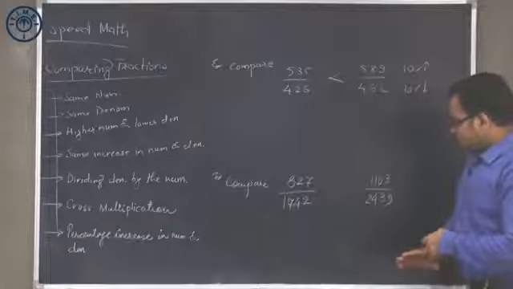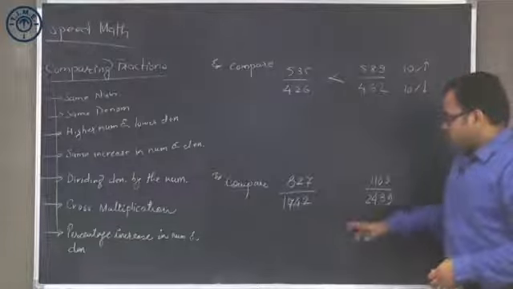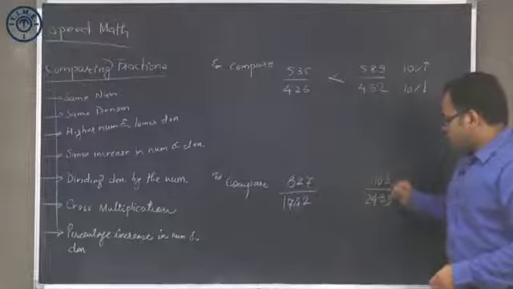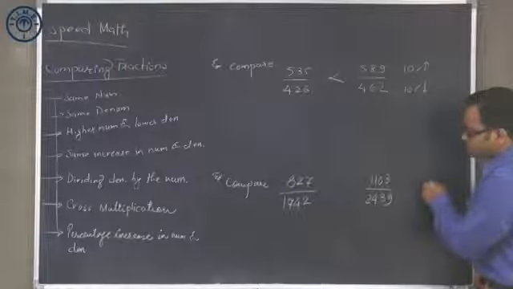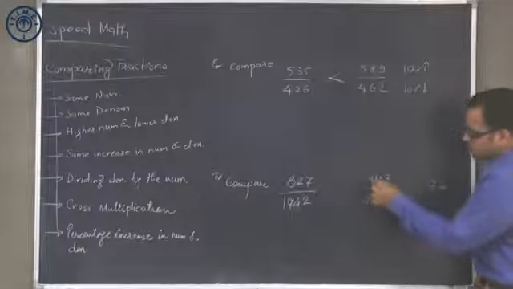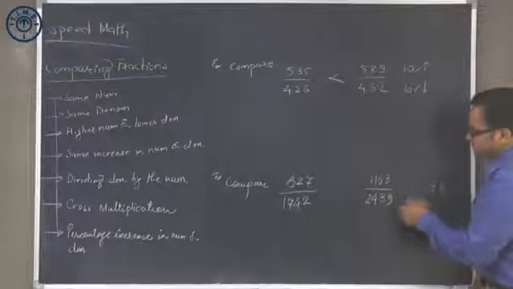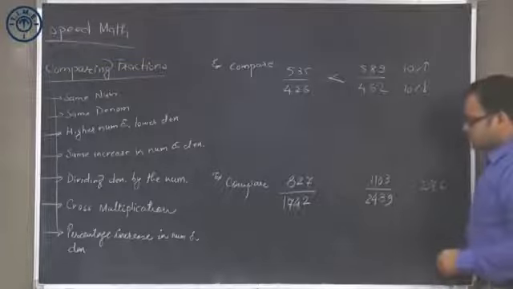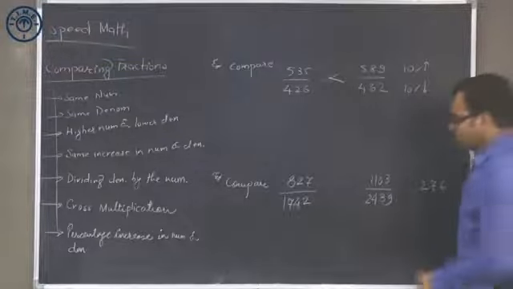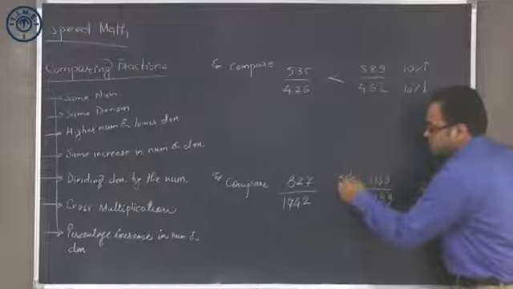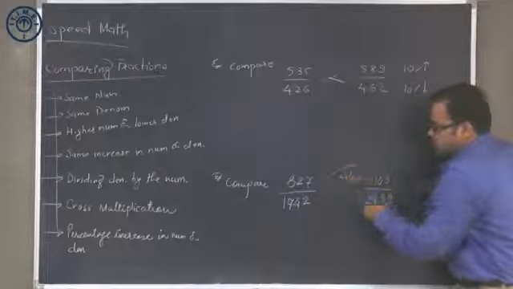From 827 to 1103, the difference is 276. 276 will be approximately 1/3 of 827. So this is increasing by 33 1/3%.